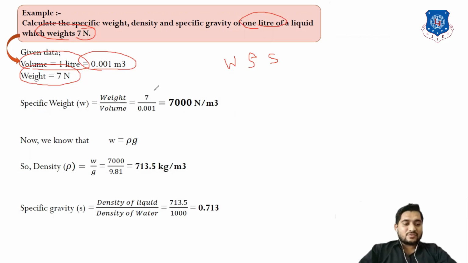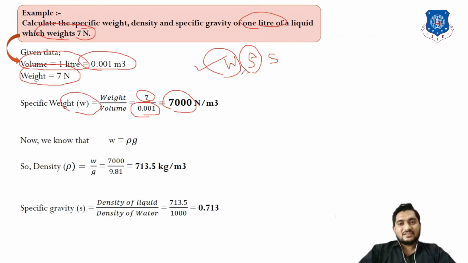So let us first find the specific weight. As you know from the definitions, specific weight w is equal to weight by volume. Here weight is 7 Newton and volume is 0.001. So specific weight is 7000 Newton per meter cube. So the first query is solved. Second one is rho, we have to find density. Now density is mass by volume, but here mass is not given.